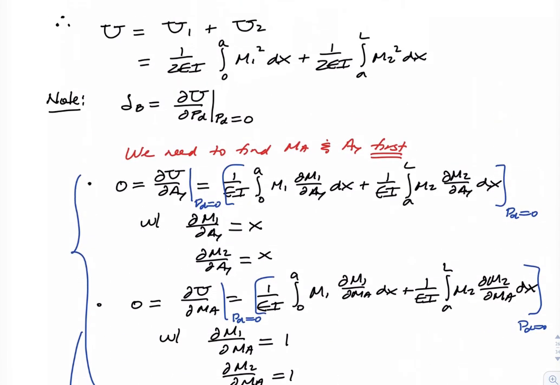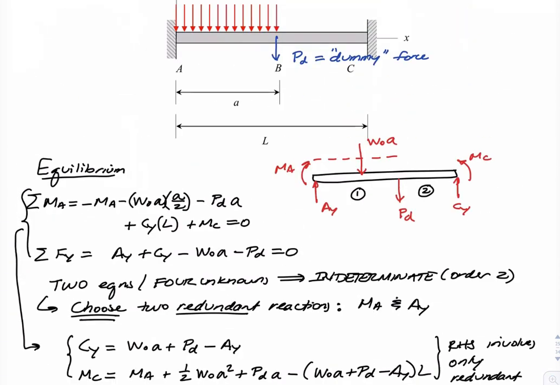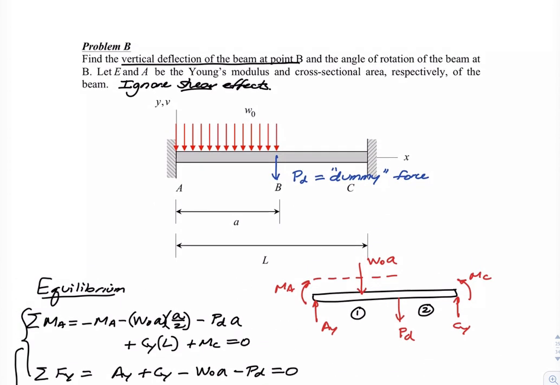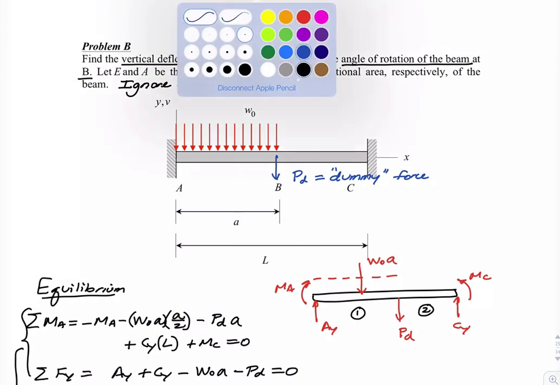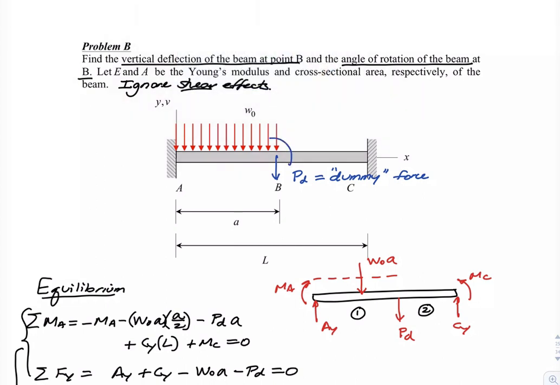How would it differ if we instead were asked for this? If we're looking for the angle of rotation of the beam at B, in that case, we would have a couple MD, which would be a dummy moment.